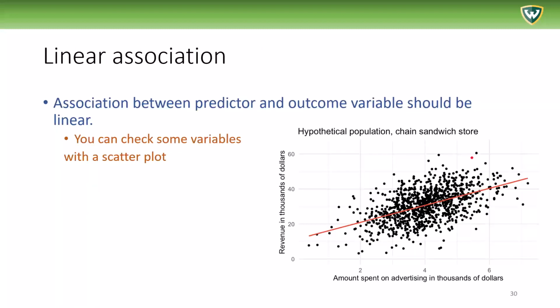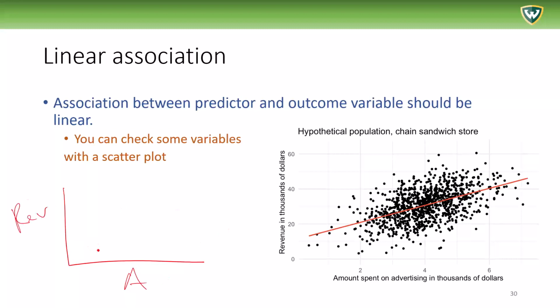And linear association. So this is association between predictor and outcome variable should be linear. This is a linear model. So, a good way to do this is the scatter plot like this one here. So for example, suppose you're checking something, and it could even be this, like advertising versus revenue.